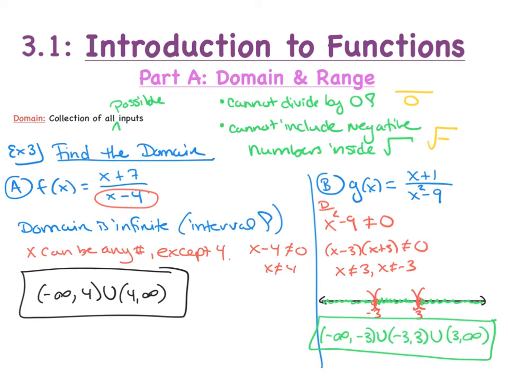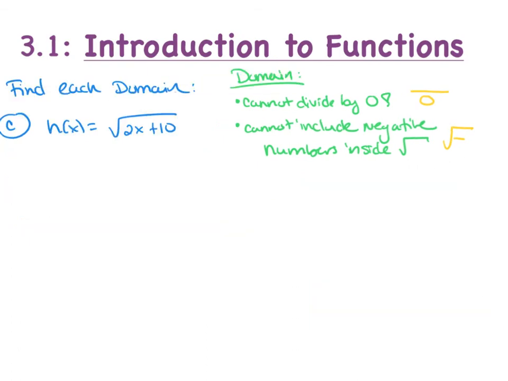Okay, let's expand the types of functions that we're looking at with some different examples. So let's look at functions that have square roots. Discussing the function h of x is equal to the square root of 2x plus 10, we're going to find the domain.